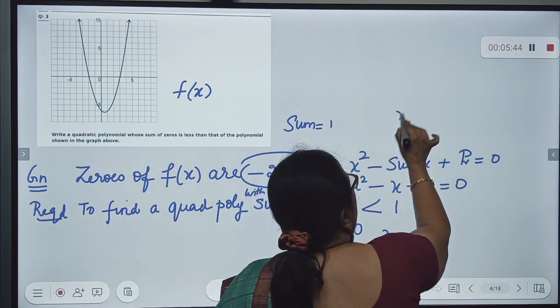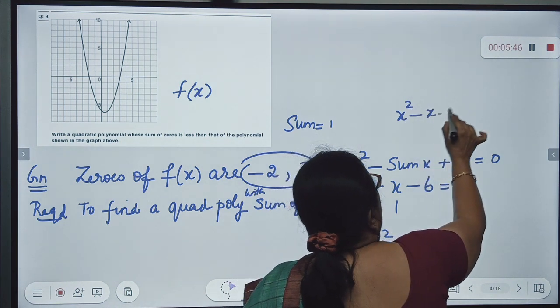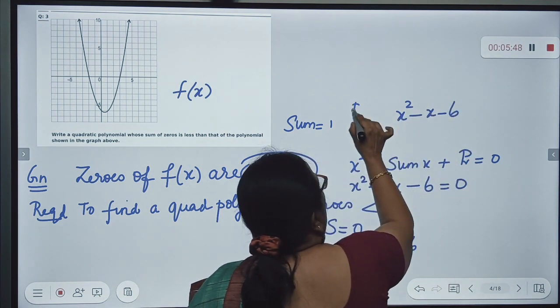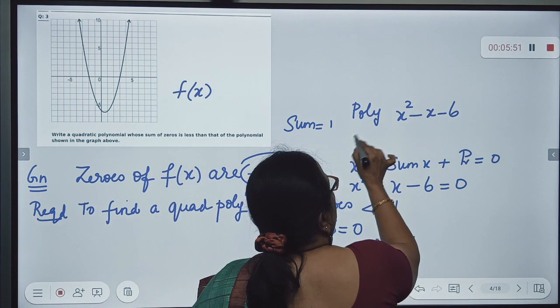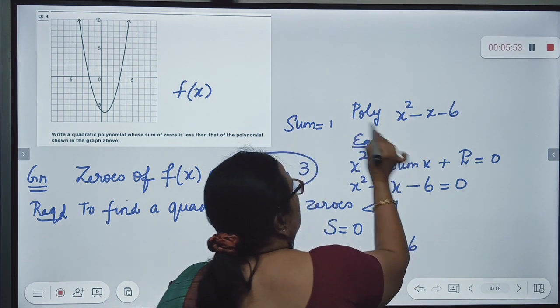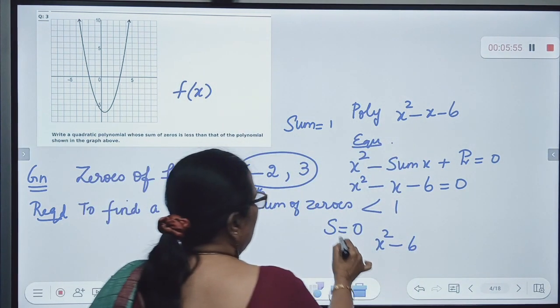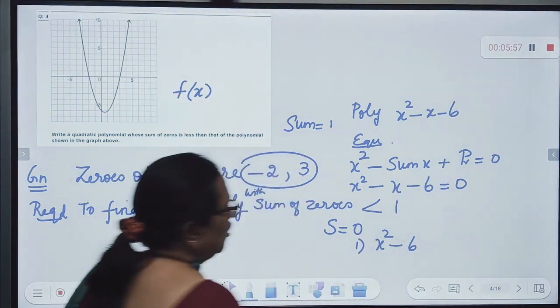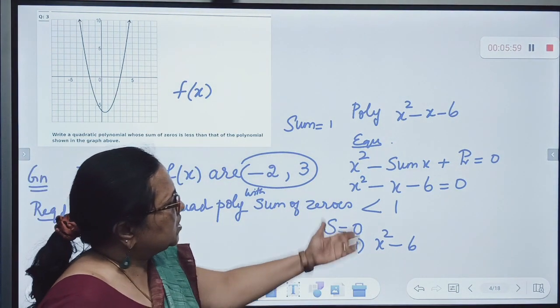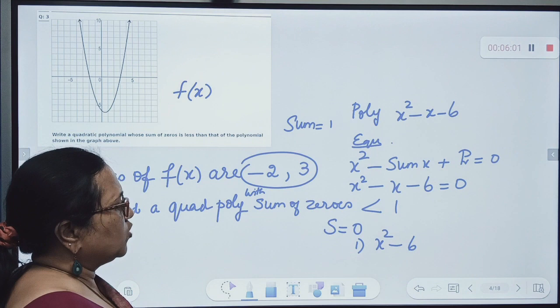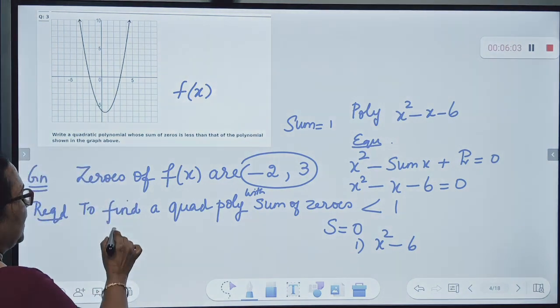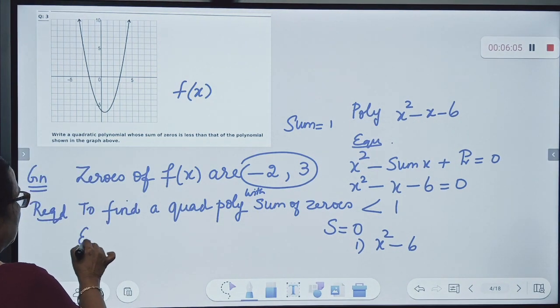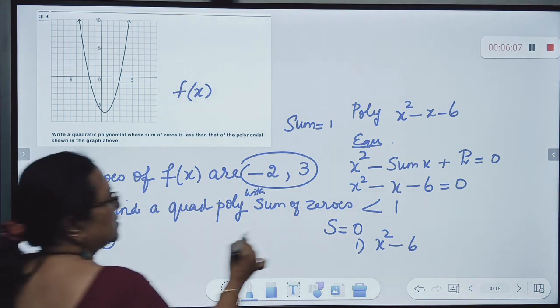If I want to just write a polynomial, x square minus x minus 6 is a polynomial. This is a quadratic equation. So if I want to write a polynomial, I can write one such polynomial. I put 0, which is less than 1, so this is x square minus 6. Or I can have one more example, example 2. This is example 1.